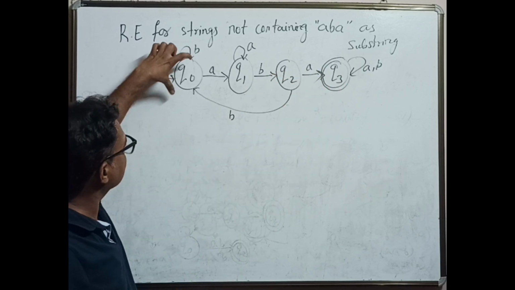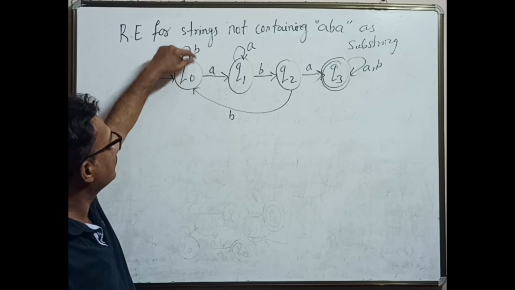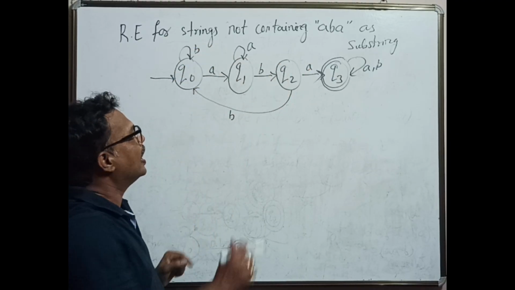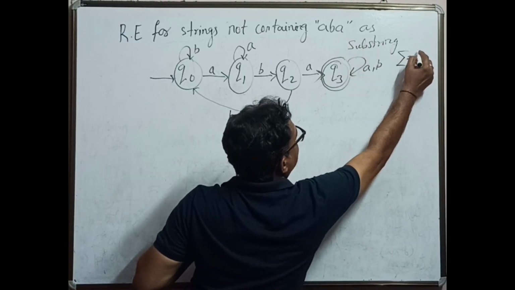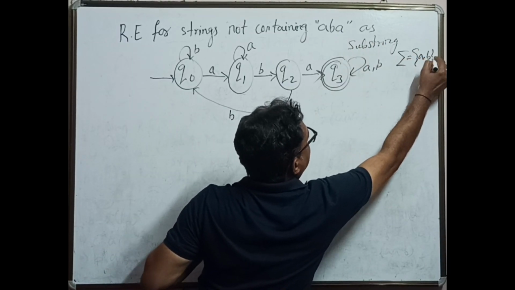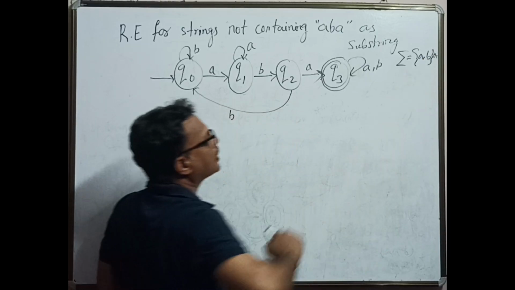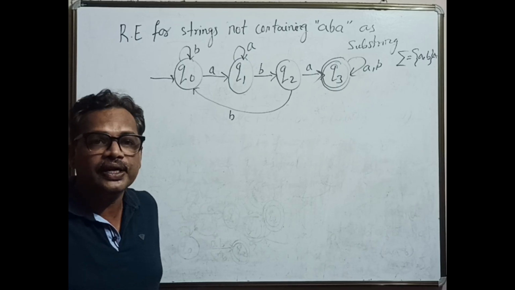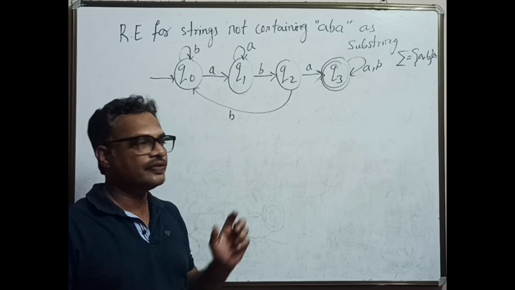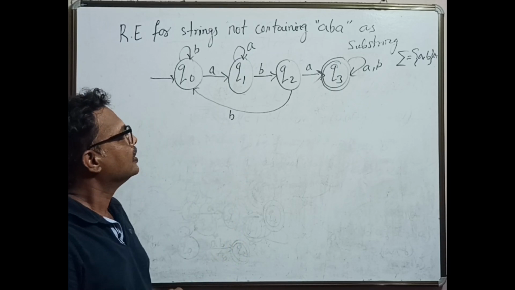Now that all the states have dealt with all the symbols, this is for symbol set A, comma B, A, comma B.